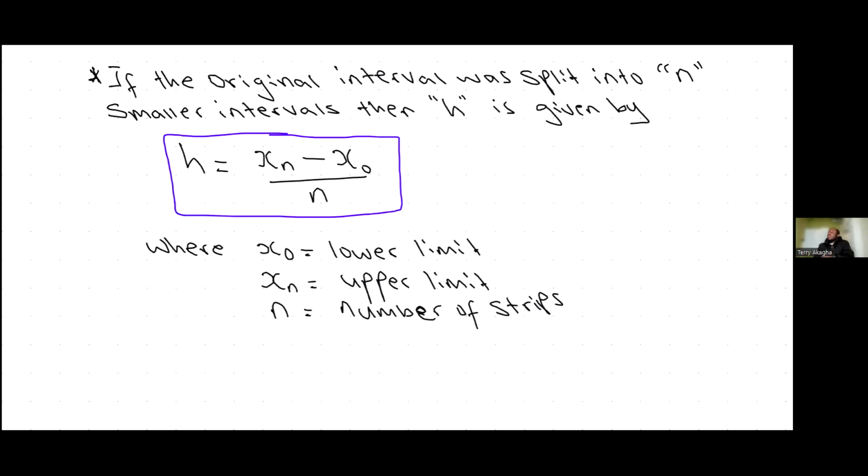So let's then write out the steps on how to solve the trapezium rule. The 5 steps. Sometimes I call them steps, sometimes I call them rules.